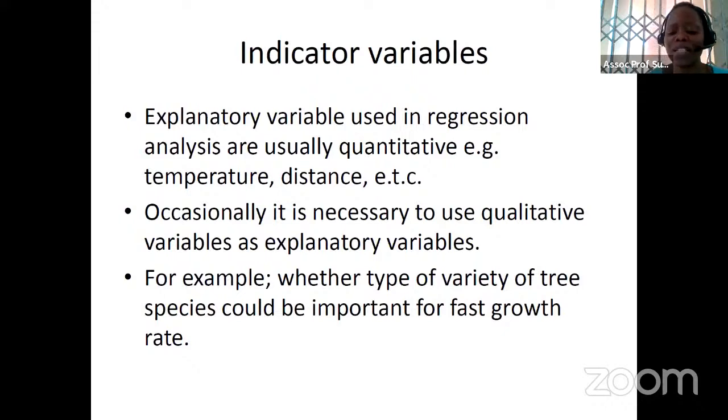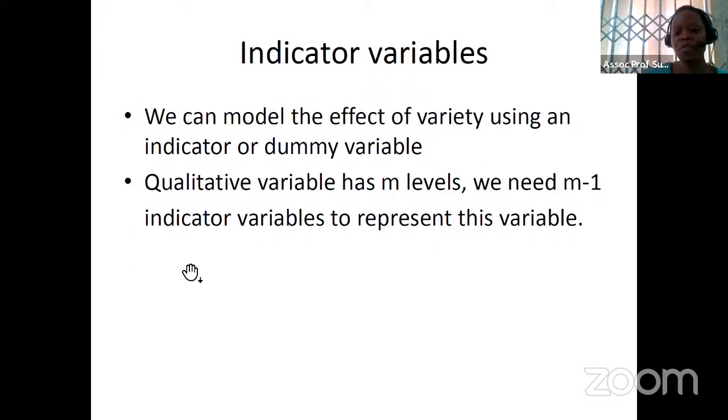If there are 3 categories, then we need 2 dummy variables. Okay. So how do we formulate the variables? So the qualitative variables have m levels. We need m minus 1 indicator variables to represent this variable.